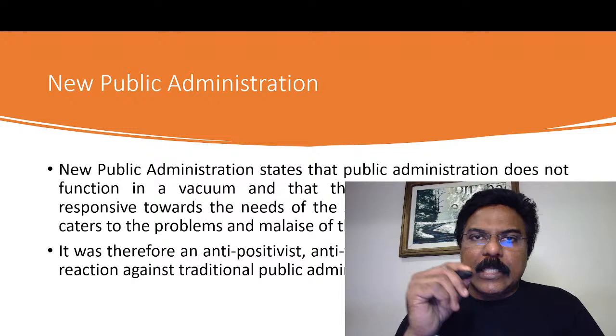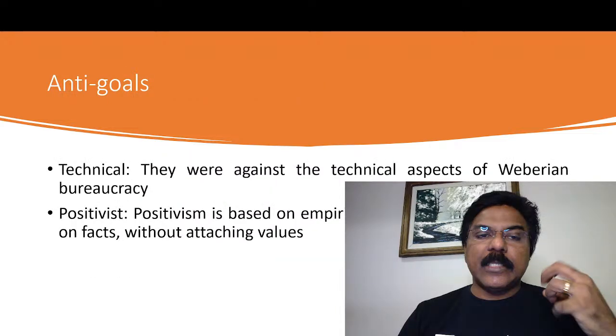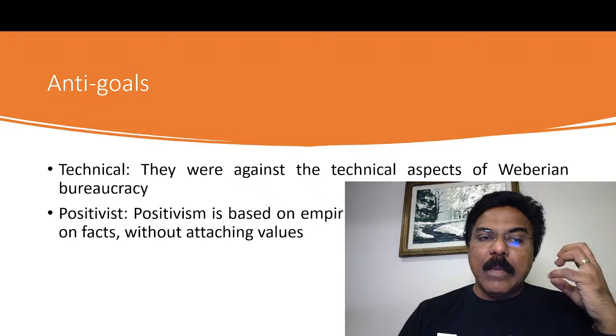So the focus was on government, how they can provide essential services to citizens. And what are the anti-goals? Anti-technical, that is against the technical aspects of bureaucracy. Positivism is based on empiricism and rationality. That's based on facts without attaching values. That's called positivist, based on facts. Facts without values. Facts sans values.